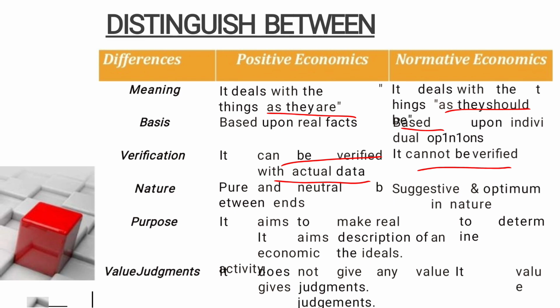Here it is purely neutral between ends. Here it is suggestive and optimistic in nature. Now, what is the purpose of studying positive economics? Its aim is bringing out economic ideas, bringing out the determination of it, analyzing it at a deeper level.